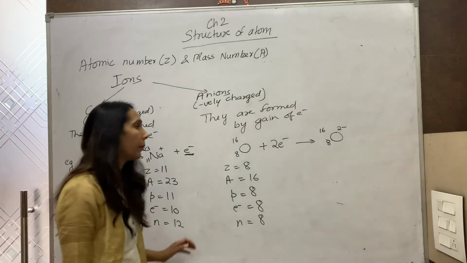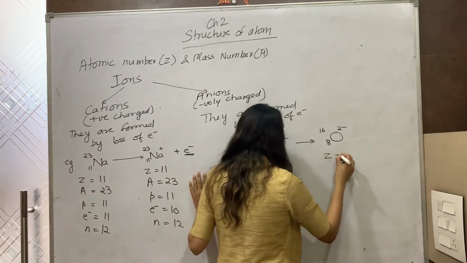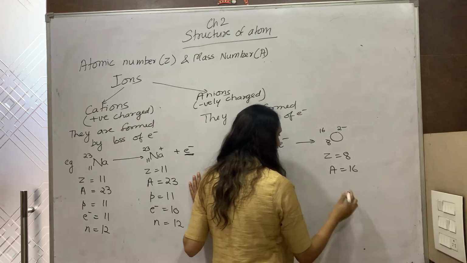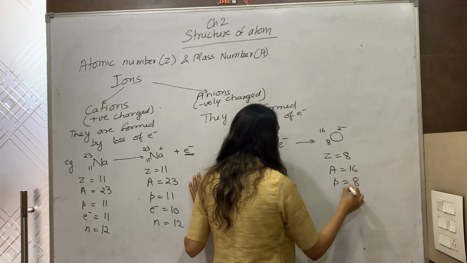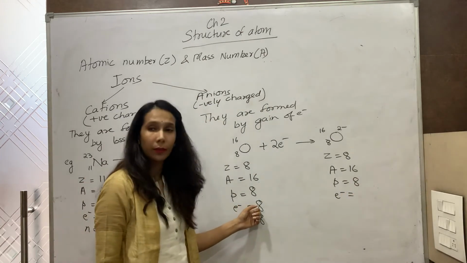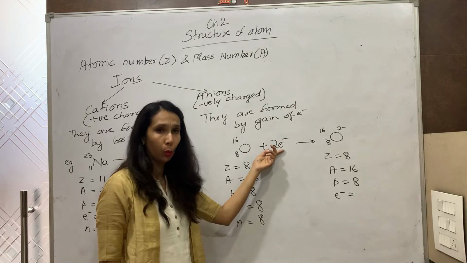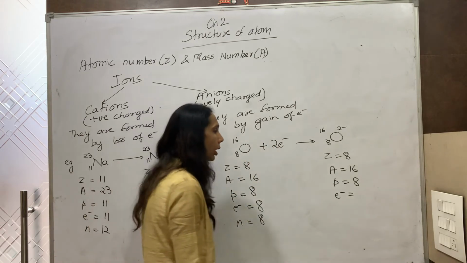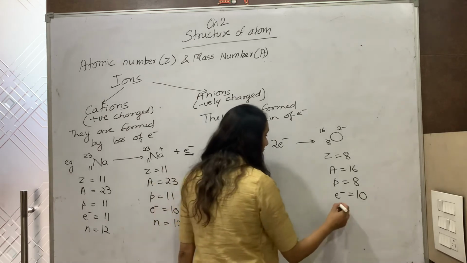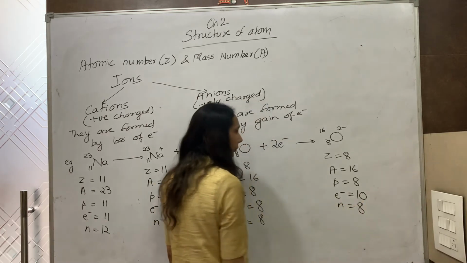Z remains the same, A remains the same, they will not change. The number of protons remains the same, but the number of electrons changes. Oxygen had 8, and it gains 2. So now the number of electrons will be 10, and the number of neutrons remains the same.